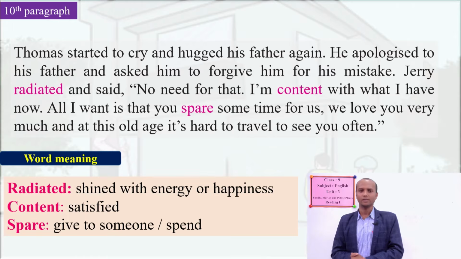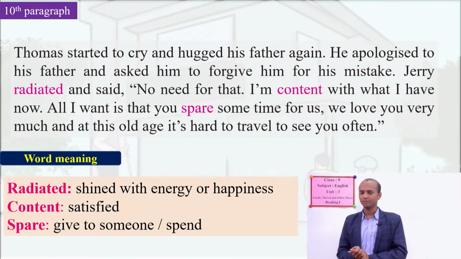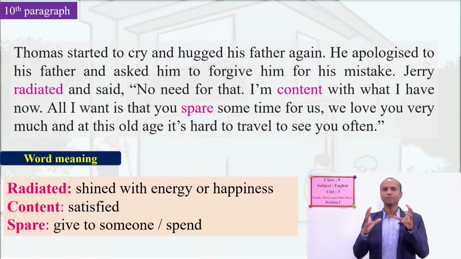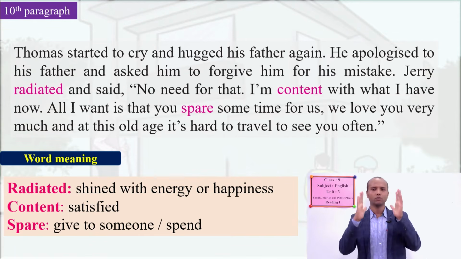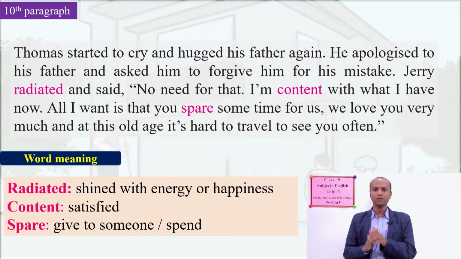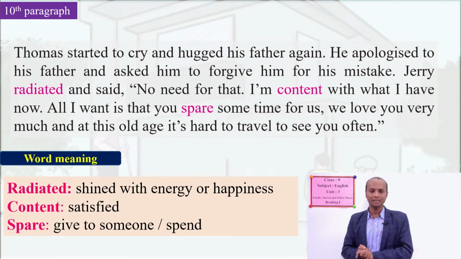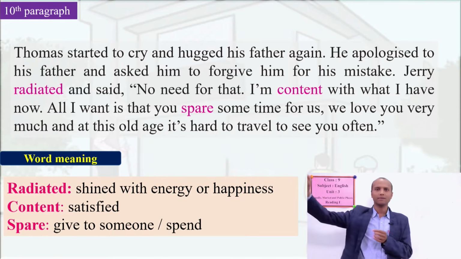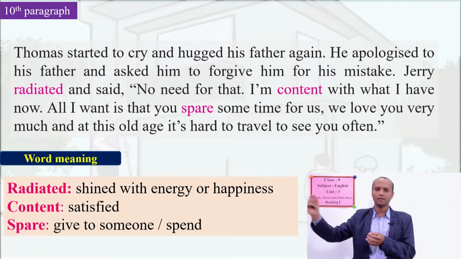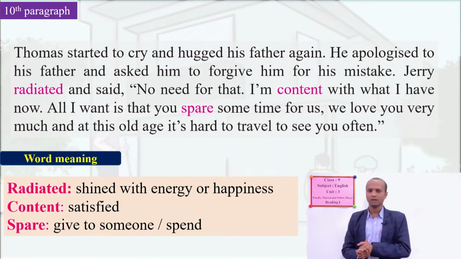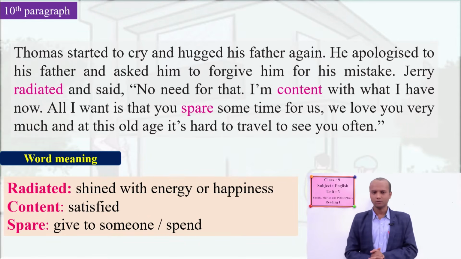"I'm content with what I have now. All I want is that you spare some time for us." That means you have to spend some time with us. You have to listen to us. Got it? Because we love you very much, and at this old age we cannot travel to the city time and again. This is what the last paragraph is about.